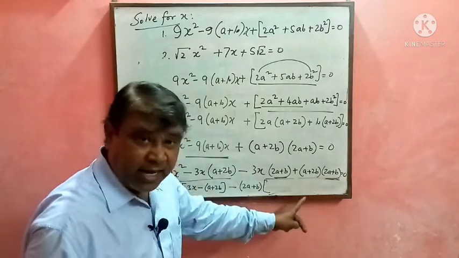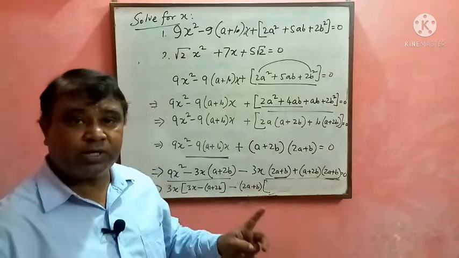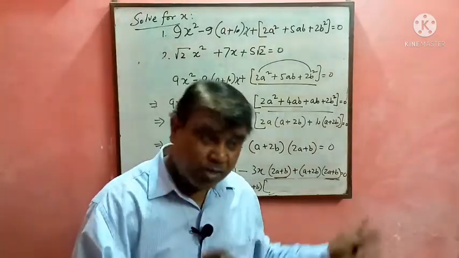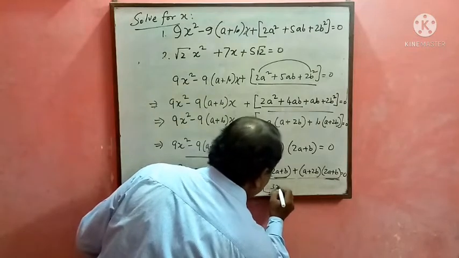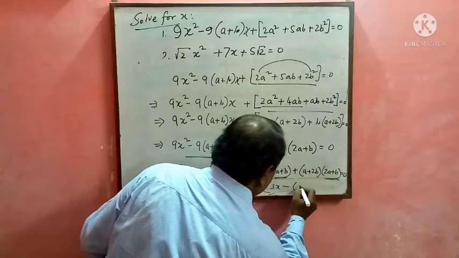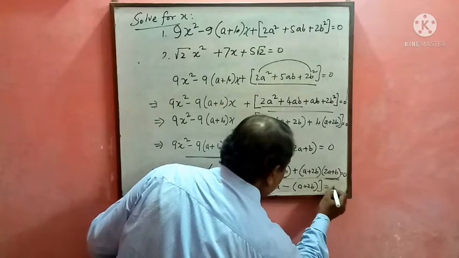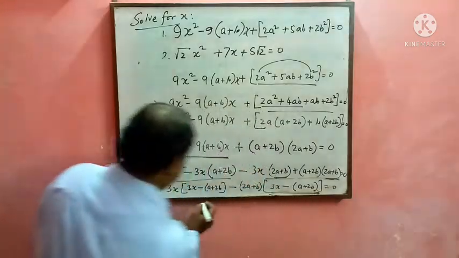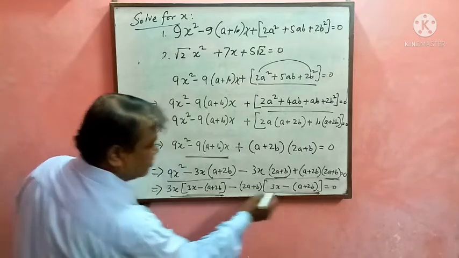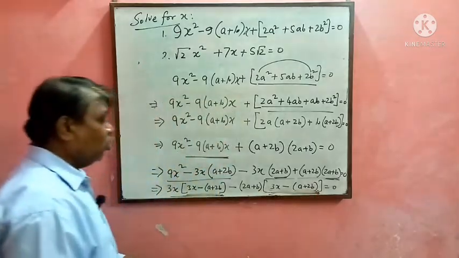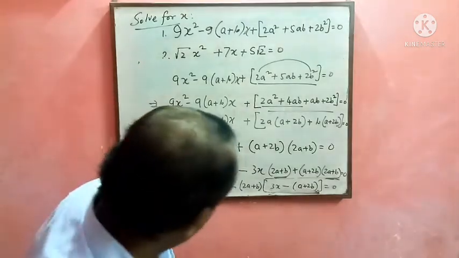If you don't change this sign, you will not have the common factor, and obviously when you take out common minus, you have to change the sign accordingly. Right? This is your 3x minus a plus 2b. You see, this portion is again common.